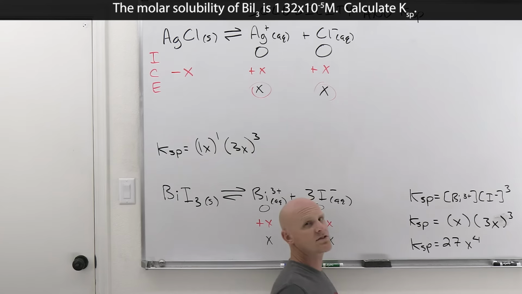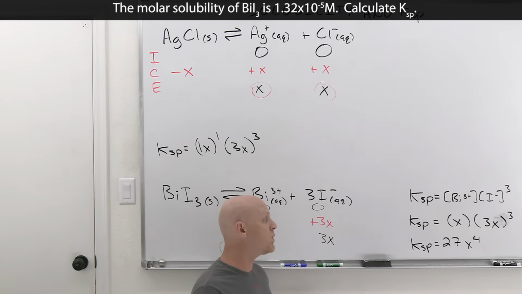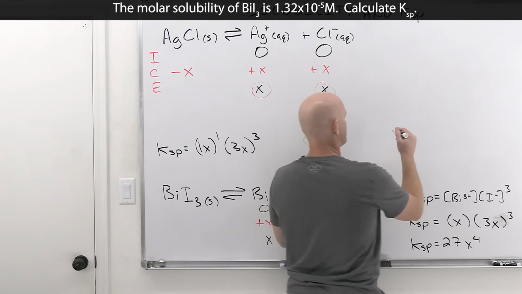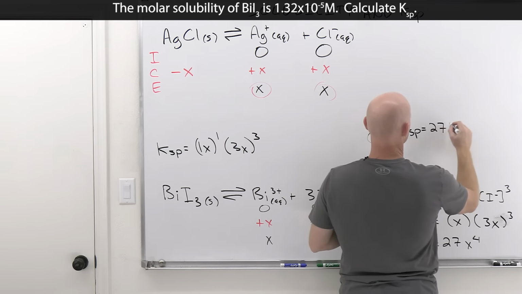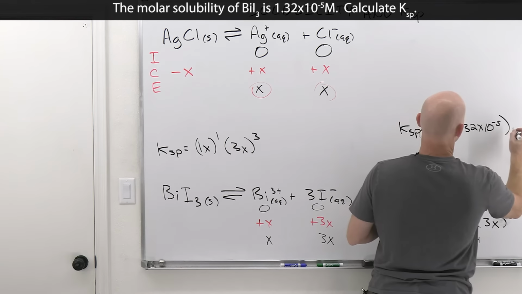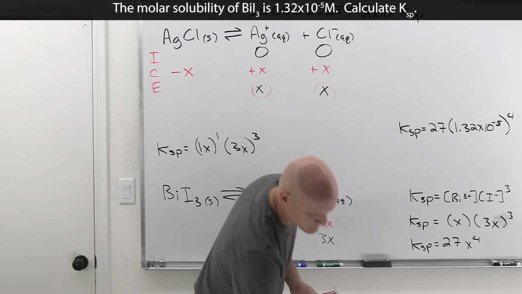So in this case, we've got 27x to the fourth, and again, x is the molar solubility, and that's what was provided in this question as 1.32 times 10 to the negative 5 molar. We're just going to substitute it in for x right there. So you're going to get your Ksp equal to 27 times 1.32 times 10 to the negative 5 to the fourth power.